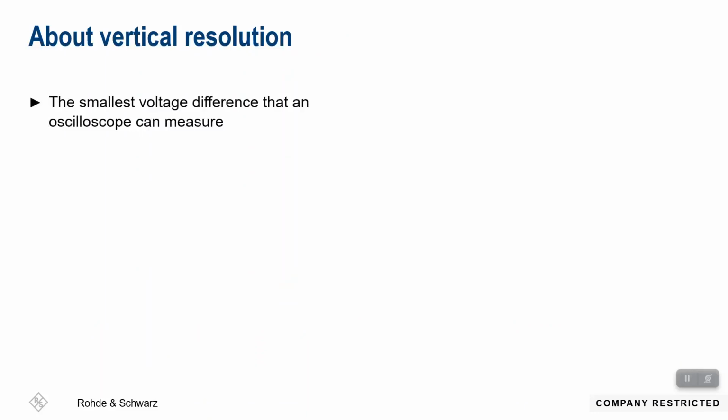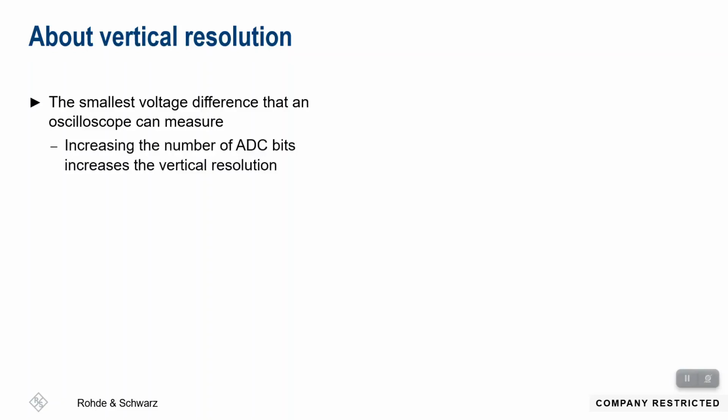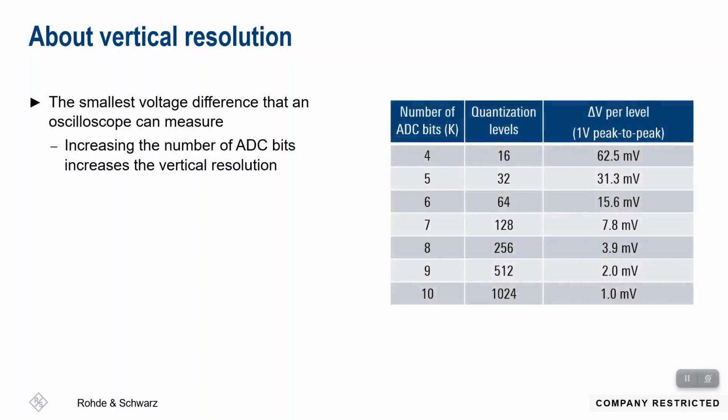So the smallest voltage difference that an oscilloscope can measure is the vertical resolution. And as you increase the number of ADC bits, you increase the vertical resolution. For example, if you had an 8-bit scope, there would be 256 quantization levels. And so if you were looking at 1 volt peak to peak, the best you could measure in a delta voltage would be 3.9 millivolts.